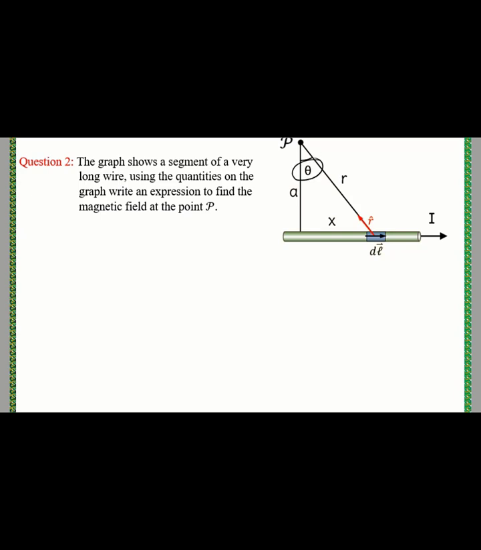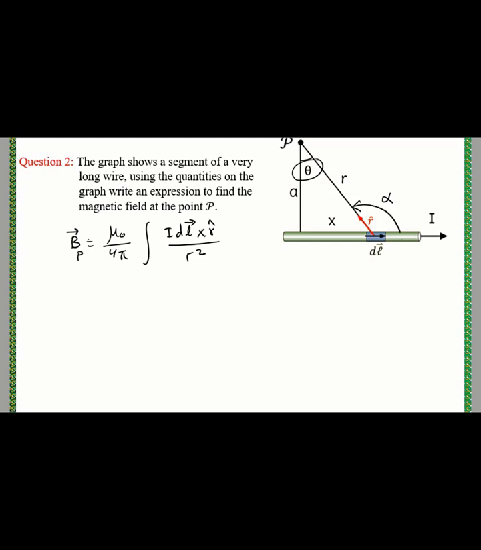The theta in Biot-Savart law is this angle between dL and r. So this is the angle in Biot-Savart law. Biot-Savart law: B as a vector at point P equals mu naught over 4 pi integration I dl cross r hat over r squared.